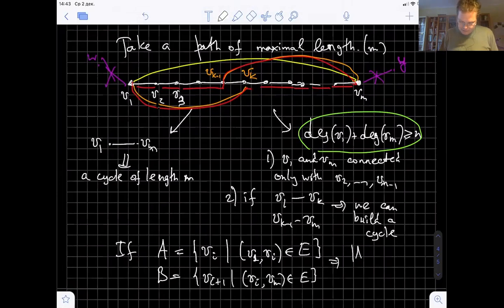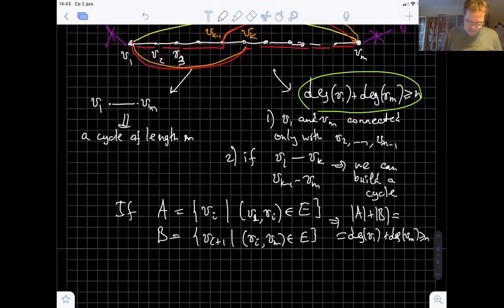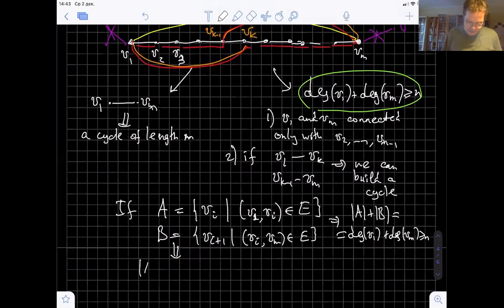then A plus B is equal to the number of the degrees. It's just the degrees of our vertices. It is greater than n. And so from this, I can get that A plus B is greater than n.